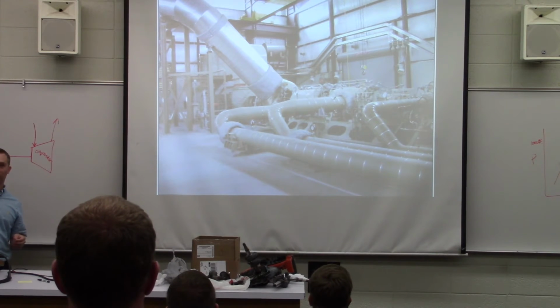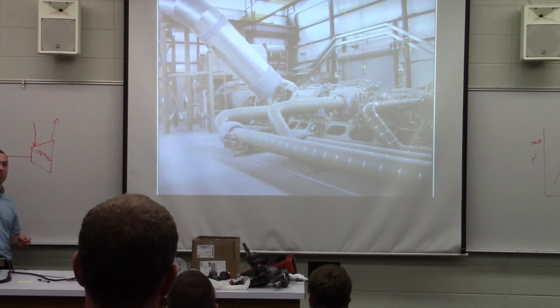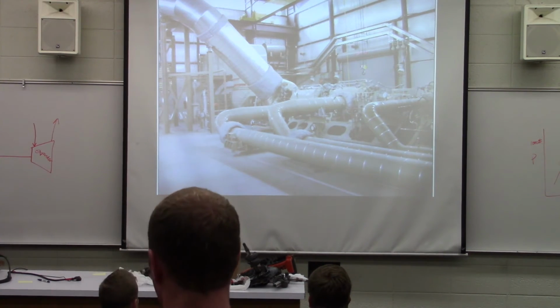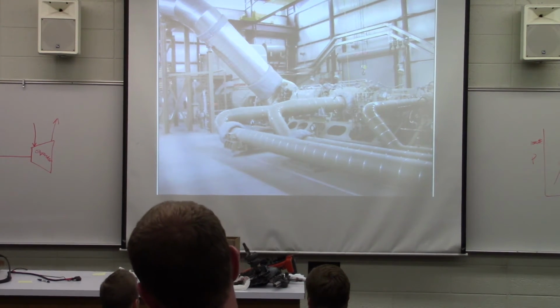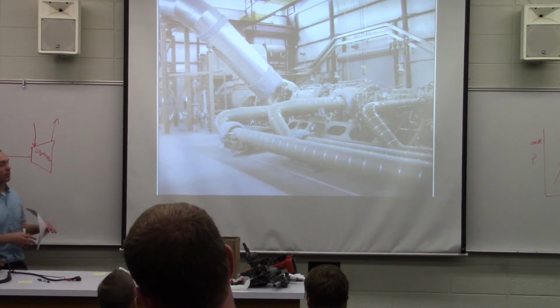So this is a turbine compressor made by a company called Solar Turbines. That piece of equipment that you're looking at cost about $6.5 million just for the compressor itself.